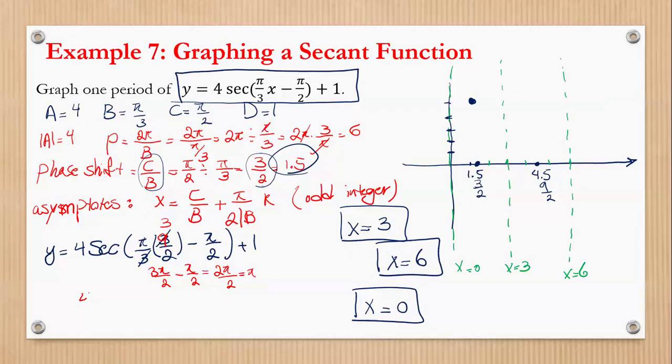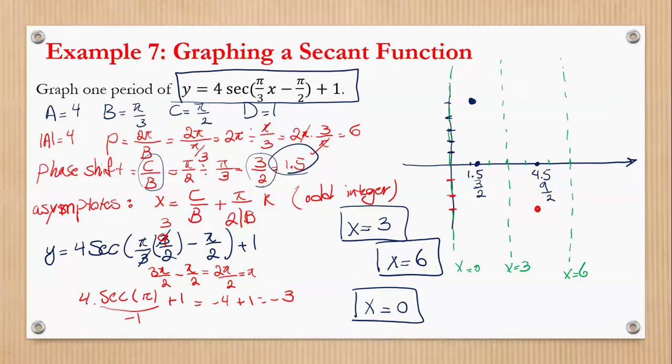So I have 4 secant of pi plus 1. Now, what's the secant of pi? The secant of pi means 1 over cosine of pi, and the cosine of pi is -1. So 1 over -1 is just -1. And -1 times 4 is -4. -4 plus 1 is -3. So the other point is 1, 2, 3. It's -3.